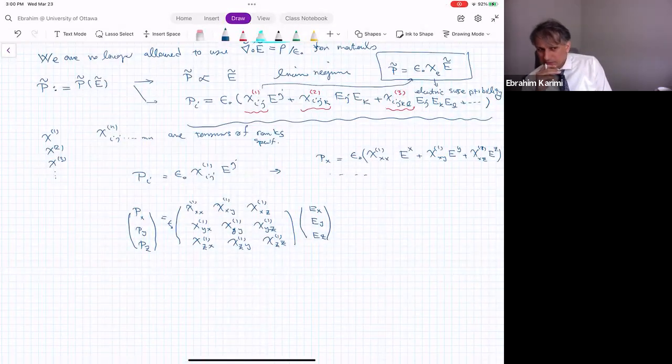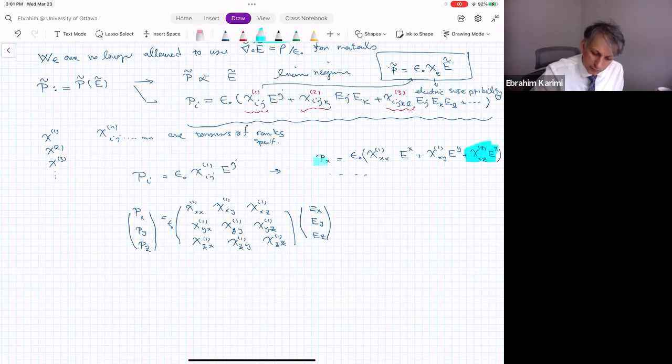All right. So it seems that, surprisingly, even if I have the electric field along Z, there is a possibility that the material responds in such a way that you have a polarization along X. This is what you will get from this expression, which is maybe surprising to you.